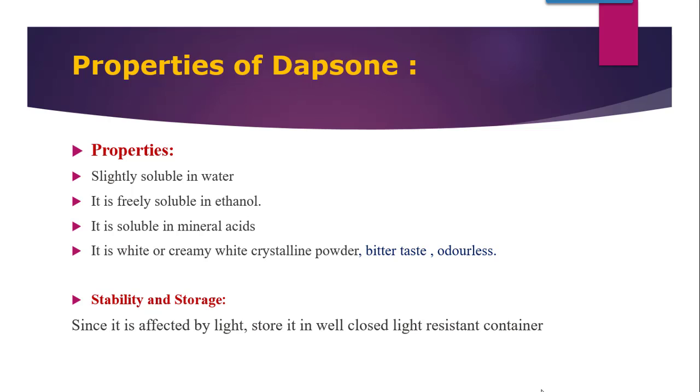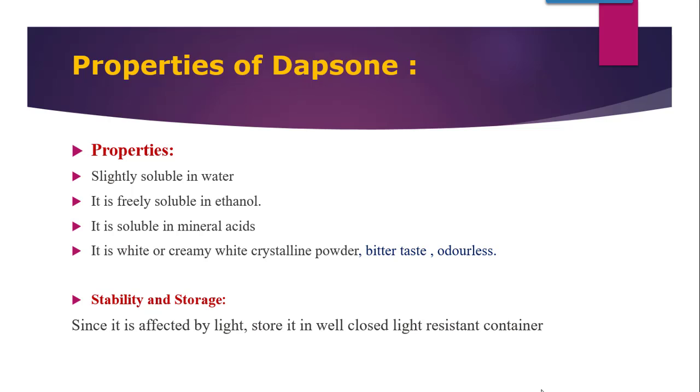Then coming towards the properties of dapsone, they are simple. You will have to remember them, there is no option, because till now they have asked the uses and the complete question on dapsone.